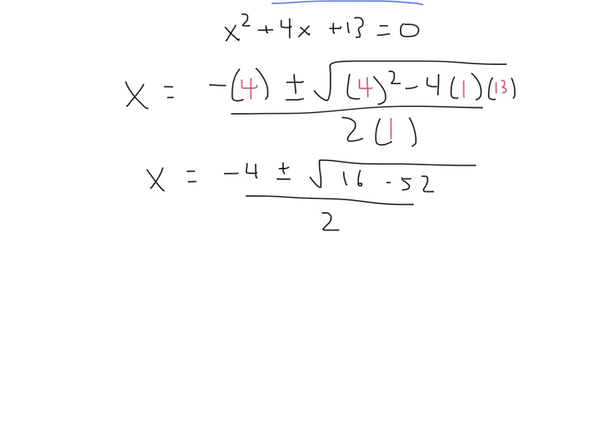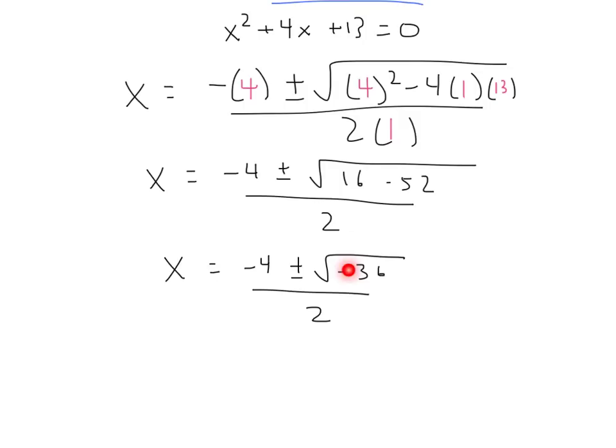All right, let's keep going. So on this one we have -4 plus or minus the square root of 16 minus 52. That is -36. Okay, all divided by 2. All right, now on this one, we can actually simplify this even further. Take a look right here. We have the square root of -36.